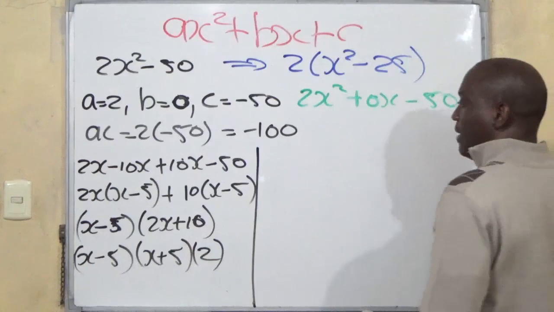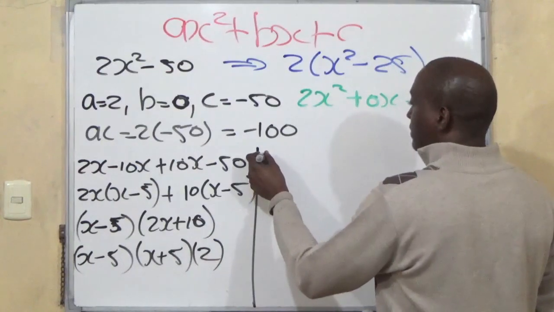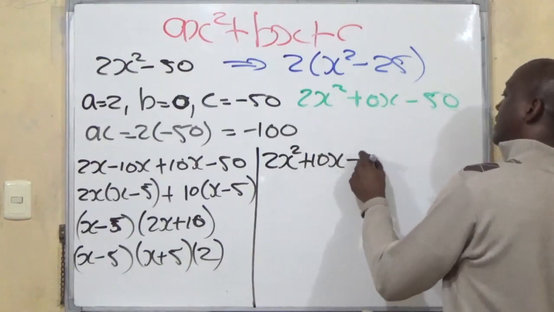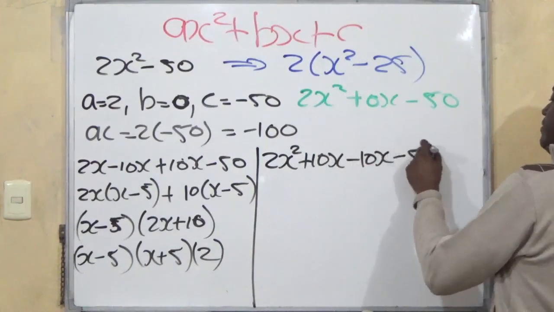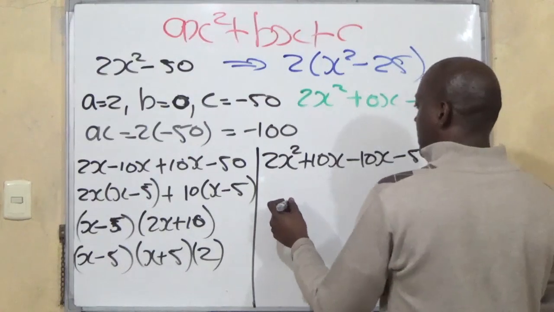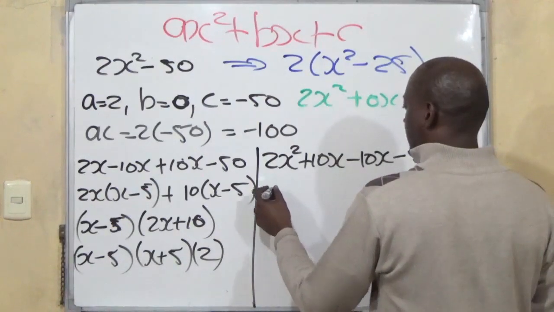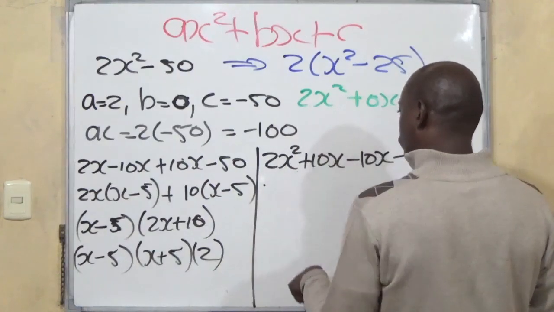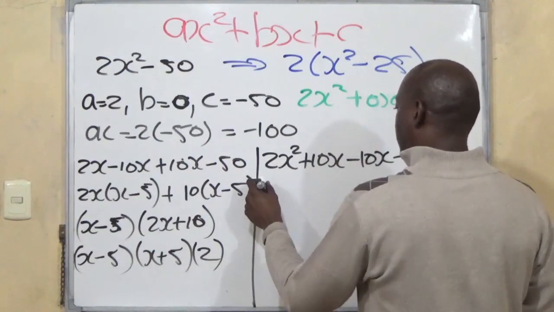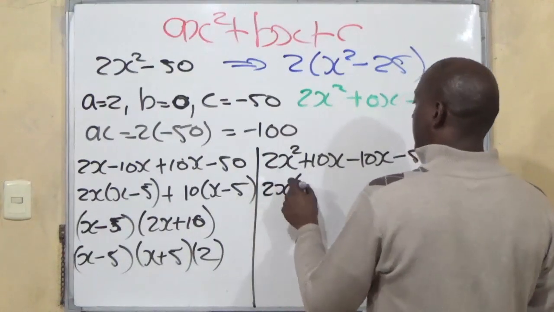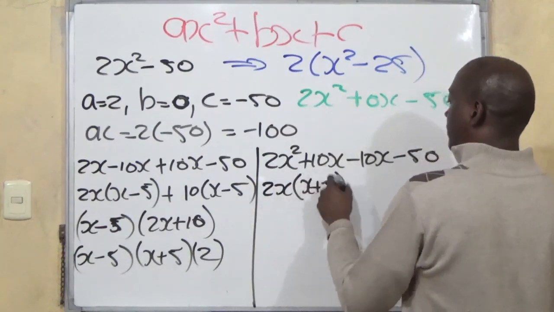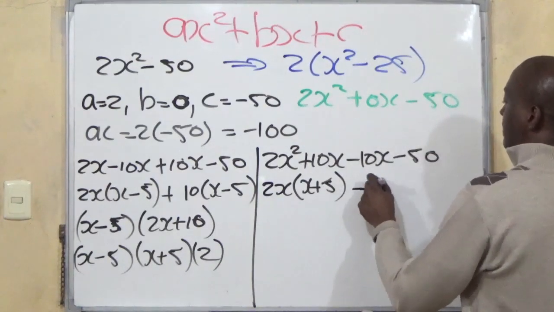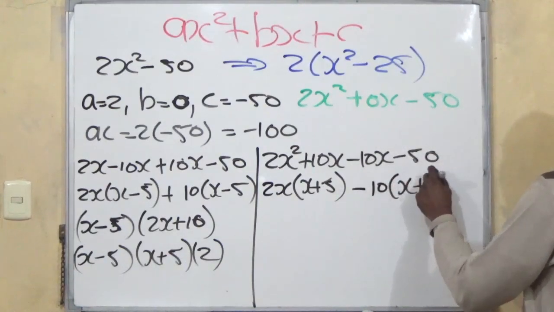If we had done it the other way around, we had 2x squared plus 10x minus 10x minus 50, which would be what? Yeah, 2x again. 2x into x plus 5 minus 10 into x plus 5, right?